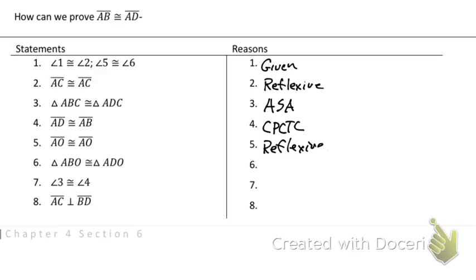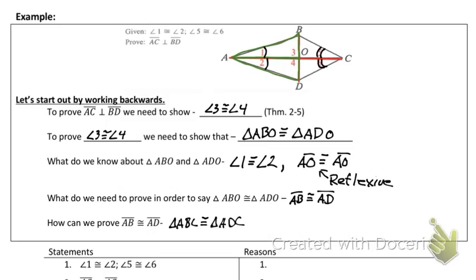Now we have triangle ABO is congruent to triangle ADO.